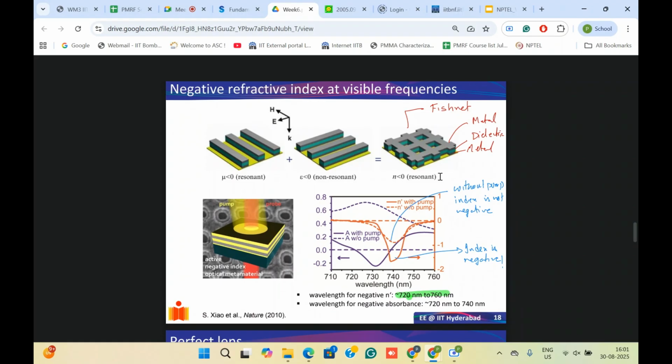We fabricate the structure and just tune the frequencies by pumping it. With pumping we can have negative absorbance for the range between 720 to 740 nanometers. So here we have negative refractive index and negative absorbance for a range with a bandwidth of 20 to 40 nanometers.